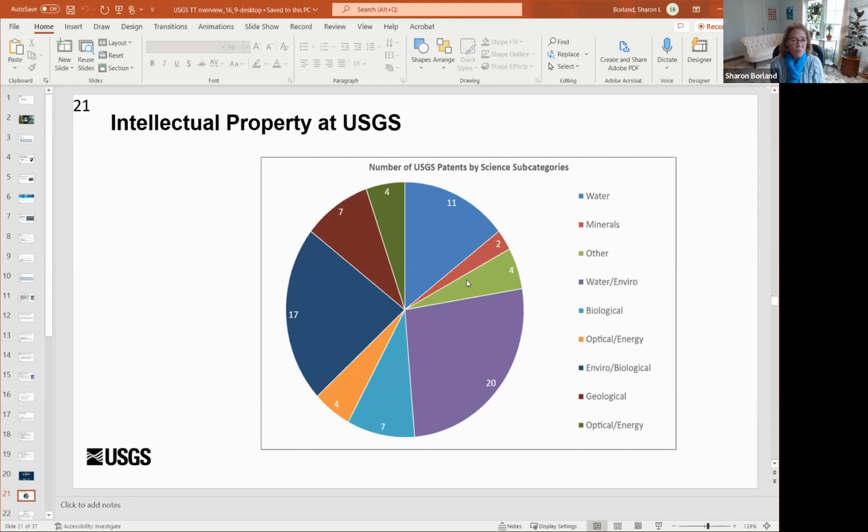If you add up the numbers on this pie chart, it exceeds that number because several science categories might fit a single patent. But that just gives a snapshot of the broad categories of science that we engage in.